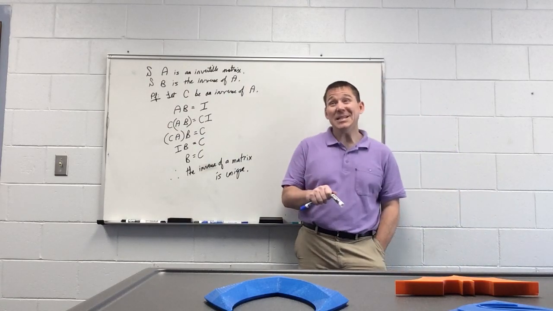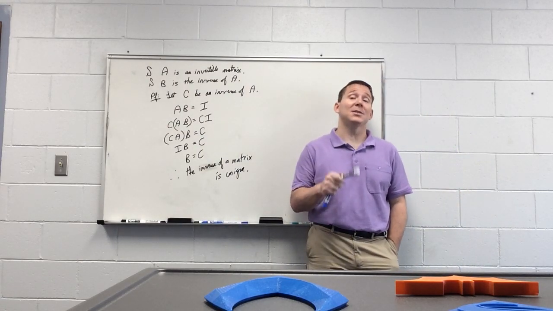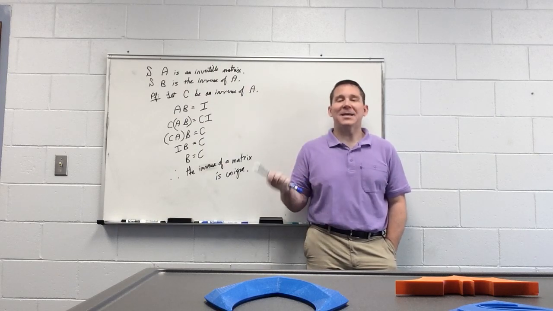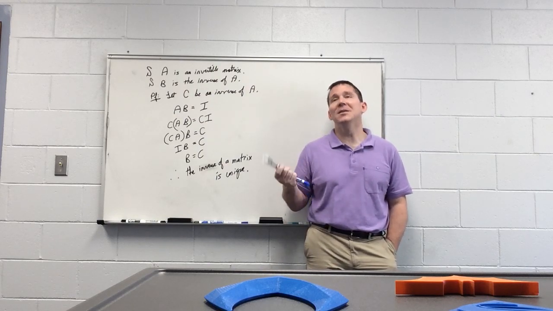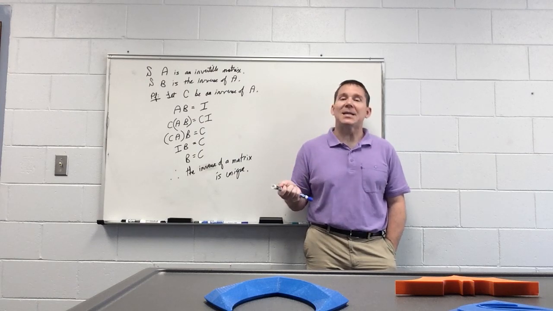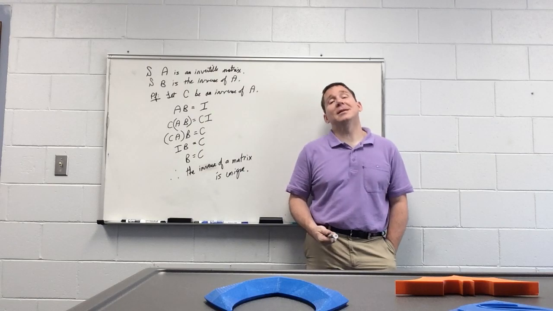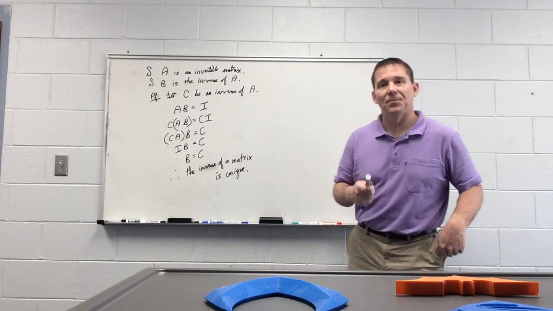Every matrix that is invertible, meaning it has an inverse, has only one inverse. Which I would point out, again, if you think about them in terms of inverse functions, makes sense. You only get one inverse. But now we can do a simple little algebraic proof to prove that that is actually true.